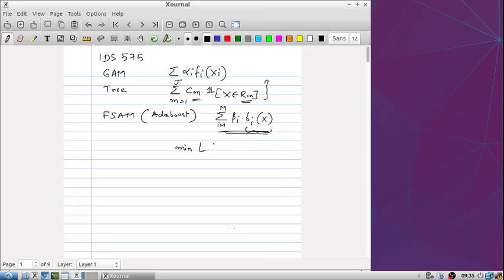Then I'll minimize some loss of yi, let's say it's a regression problem, with f_{m-1} of xi plus beta m b_m of xi. You're minimizing over beta m and b_m.